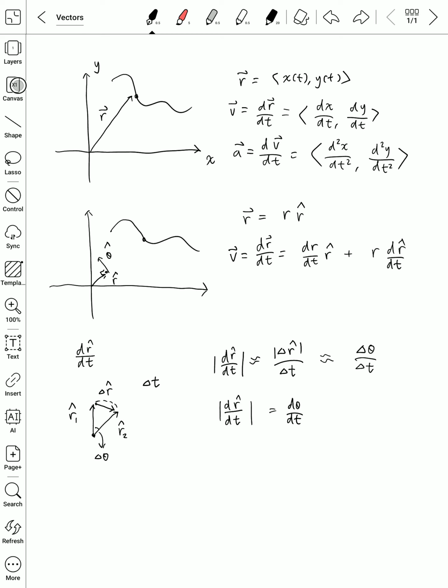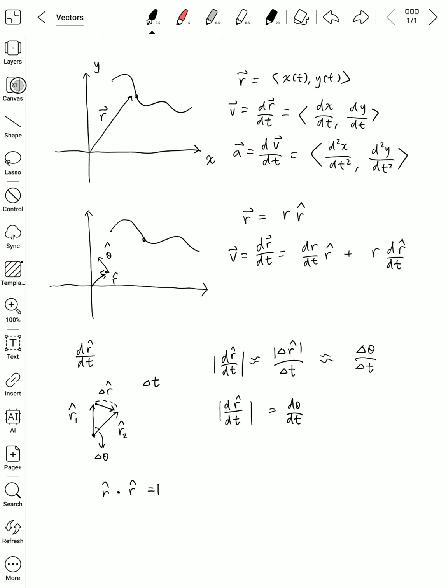Actually, it's very intuitive that the direction of dr hat dt is zeta hat because the velocity is tangential. But if you need a rigorous argument, then I can provide you with one. Since r hat is a unit vector, its magnitude is always equal to 1. So r hat dot r hat is always equal to 1.